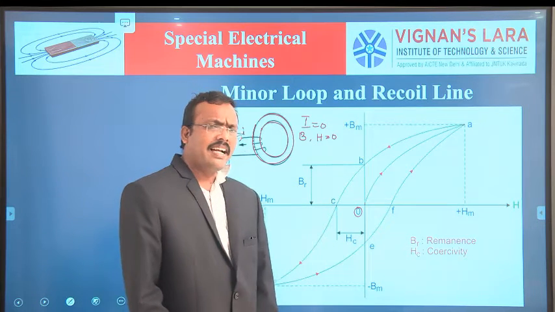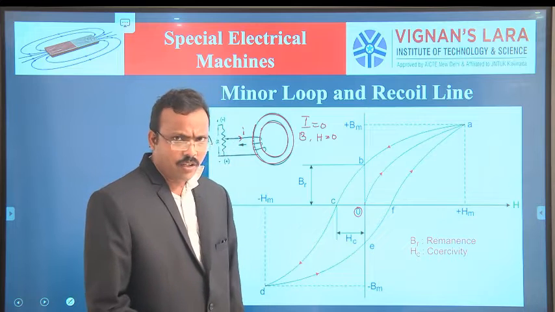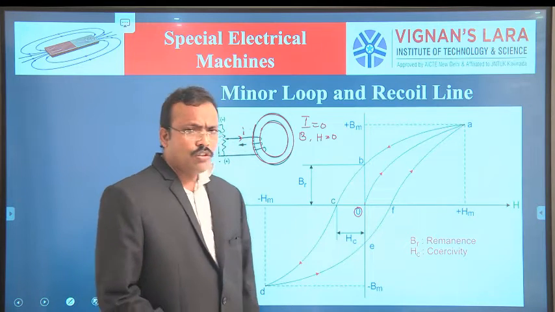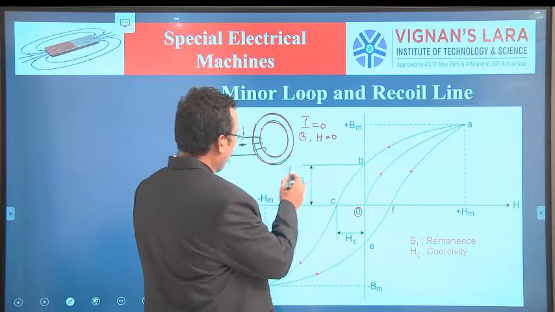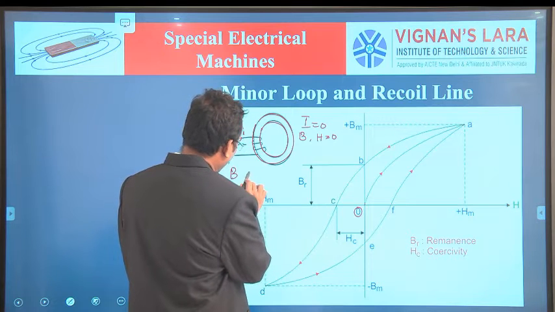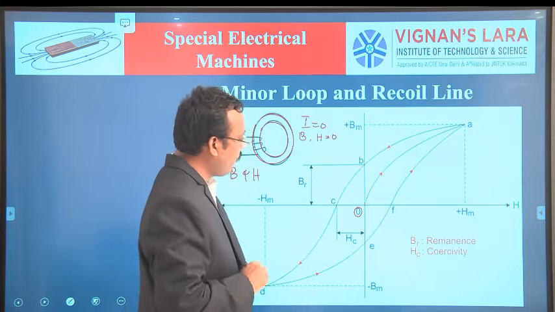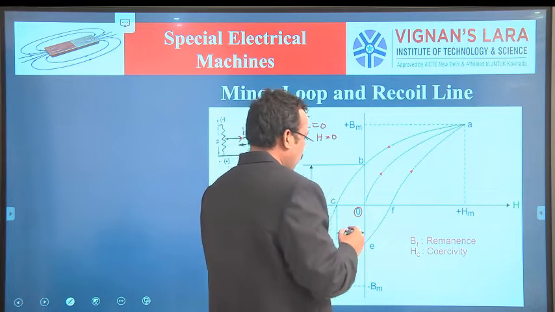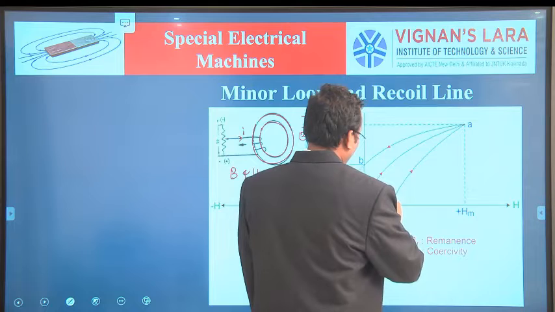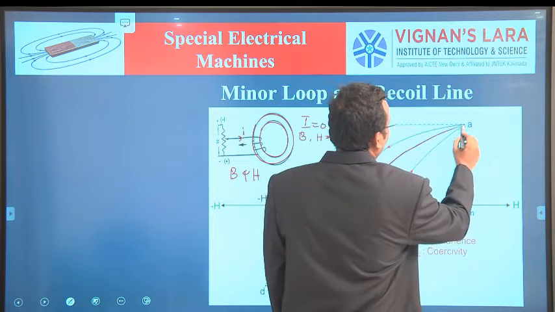Now the current is increased from 0 to a certain value. Both B and H are set up in the magnetic material, and it follows the path O to A.